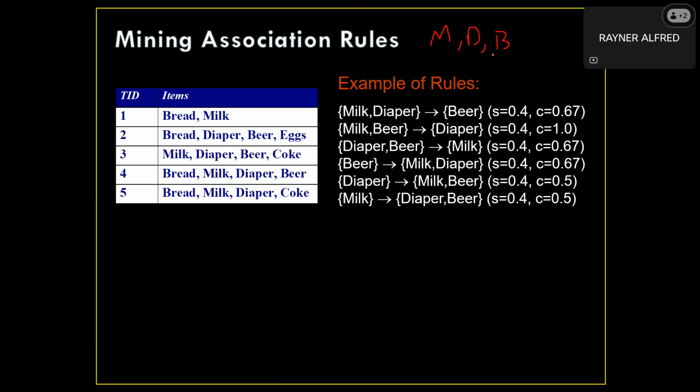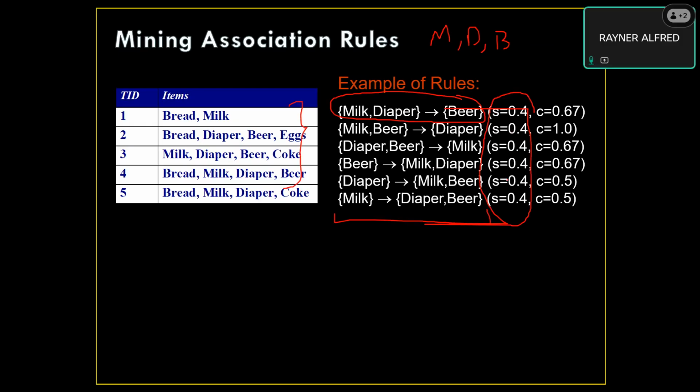If you notice, the support is always maintained, because the support is just counting the number of times these three exist in the transactions that we have. Since all of them have the same count, the support is the same here. But the confidence is different.